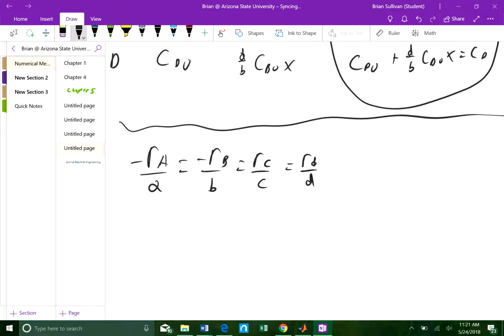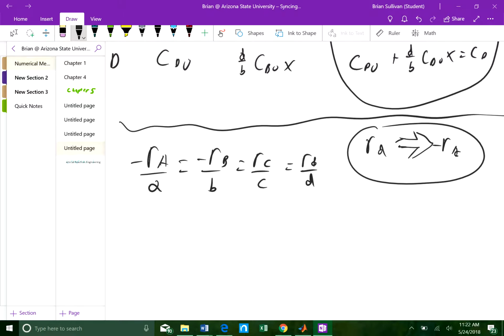Very important relationship. If I gave you the reaction rate of D, let's say, of the formation of D, you can now get from that, put an arrow, not an equal sign, the disappearance of A, and vice versa, for any one you want, using stoichiometric relationships like this. I'll give you the proof for this so it makes more sense.